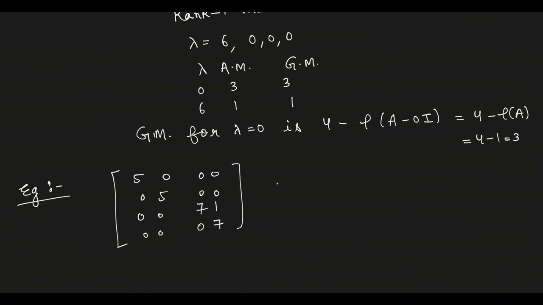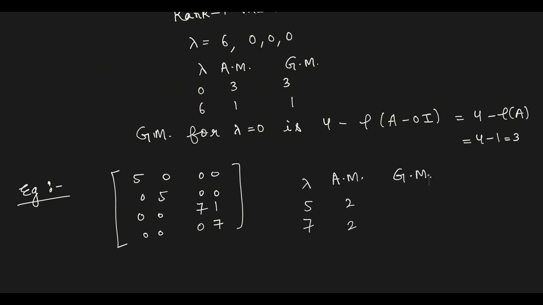So firstly, what will be the eigenvalues? It is 5, 5, 7, 7. Means 2 times 5 and 2 times 7.